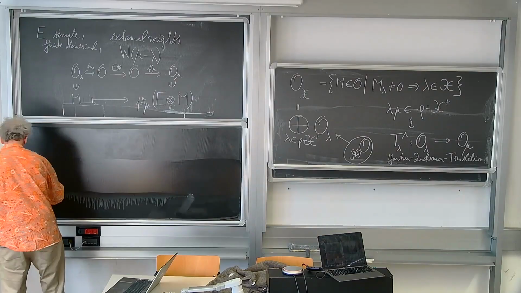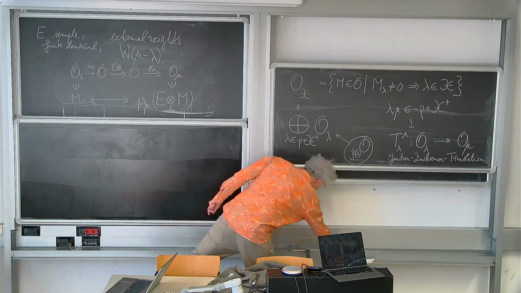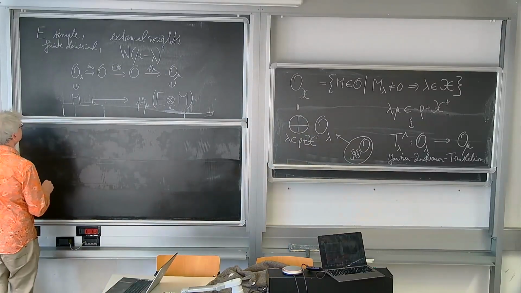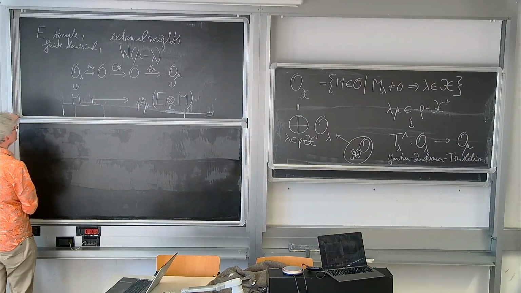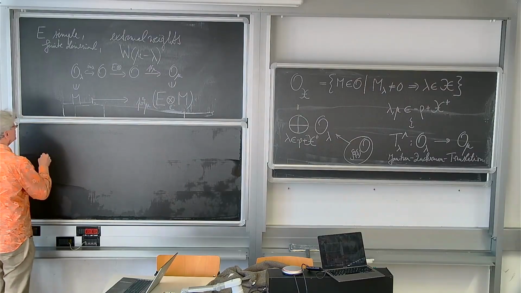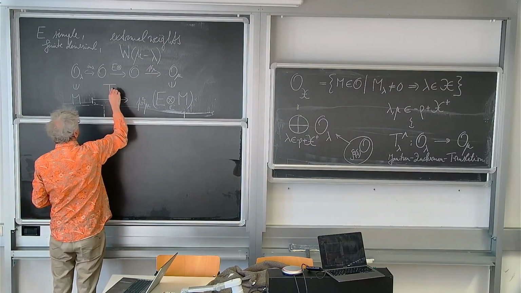Let me make a little list of what this functor can do. And this is maybe the most important thing. So this is the functor T lambda mu.